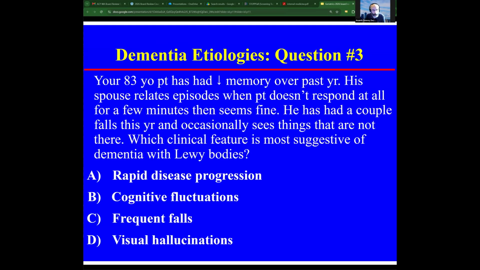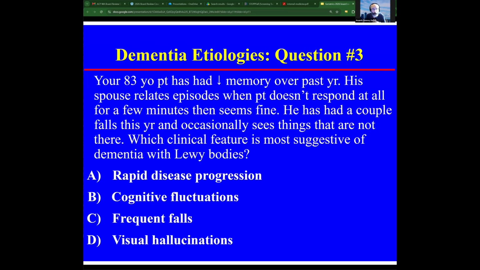Okay, we're now going to talk about other dementia syndromes. We started with mild cognitive impairment and alluded a little bit to Alzheimer's, but we're going to broaden that. So, question number 3. Your 83-year-old patient has had memory changes over the past year. His spouse relates that there are episodes when the patient doesn't seem to respond at all, just for a few minutes, and then seems to come back and is fine.